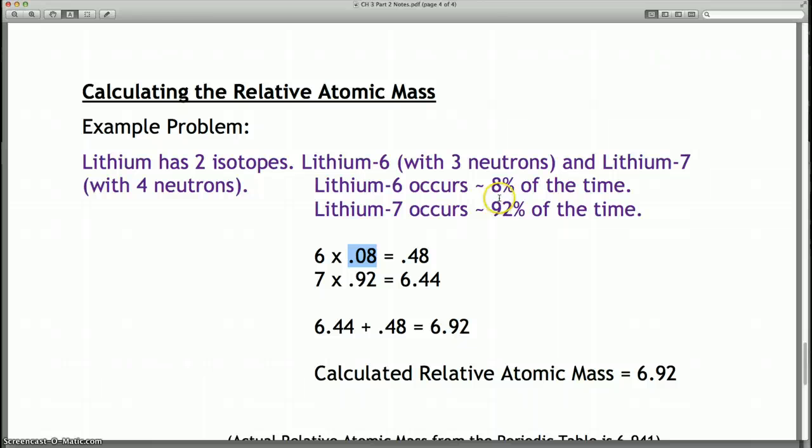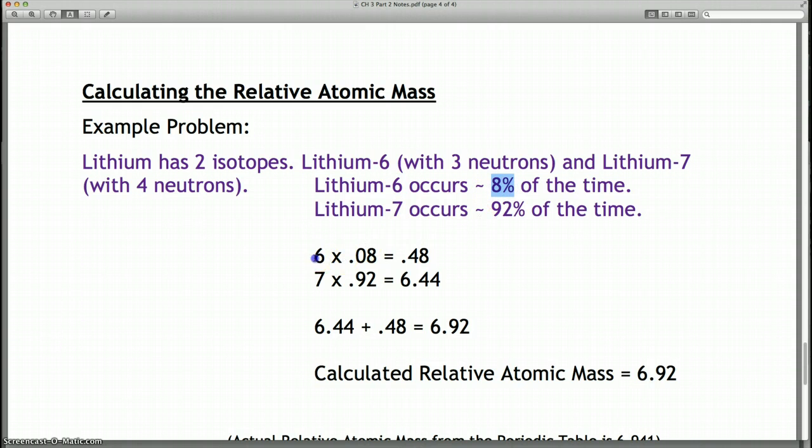The trick is, if you're going from percentage to decimal, all you do is you move the decimal point over 2 places to the left. So 8 becomes 0.08, 92% becomes 0.92. So you just take the mass number, which is given to you in the question, 6, times the percentage written as a decimal.